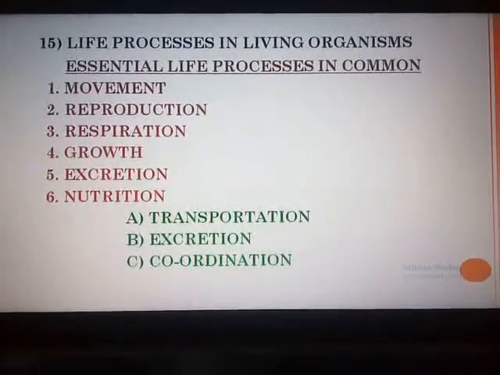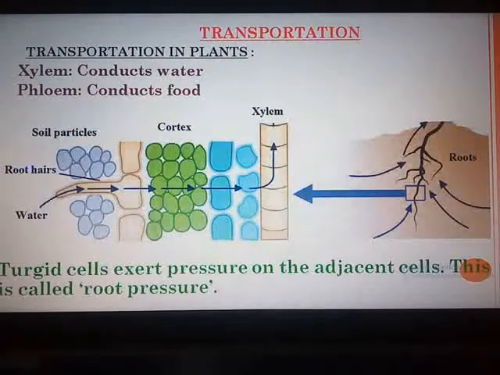Transportation, in general, means that a substance which is either synthesized or absorbed in one part of the body reaches another. Then what about transportation in plants? Most of the animals, including human beings, who are also social animals, move from one place to another, but plants do not.